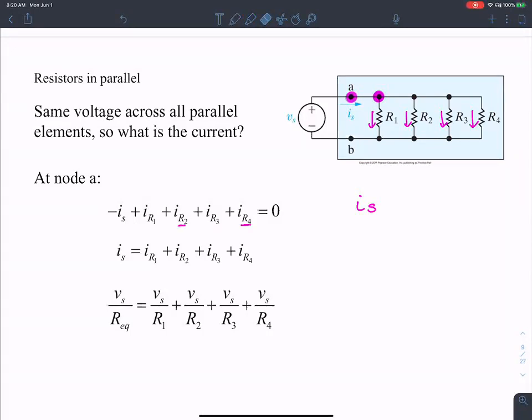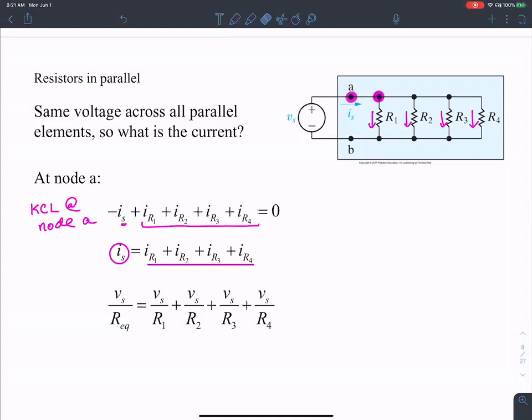So using KCL at node A, we see that the current entering equals the sum of the currents leaving the node.